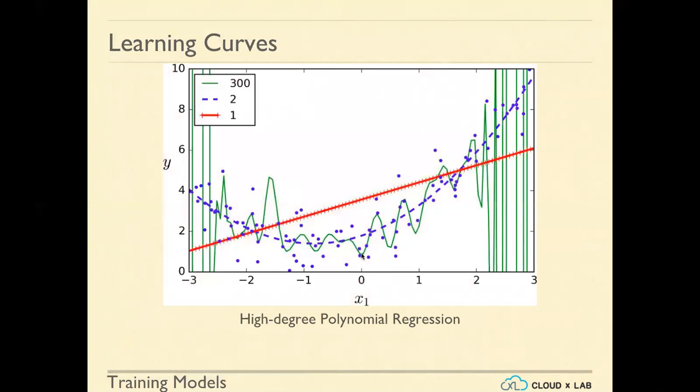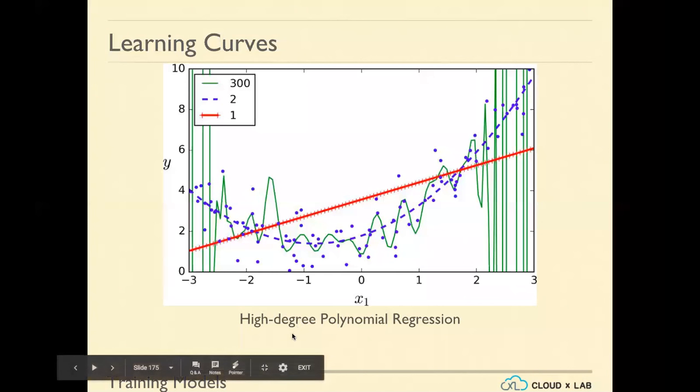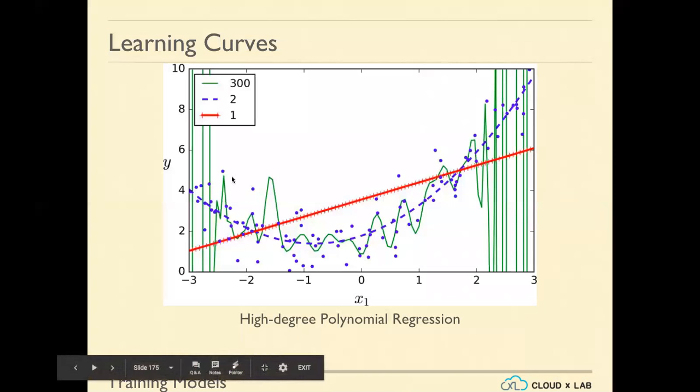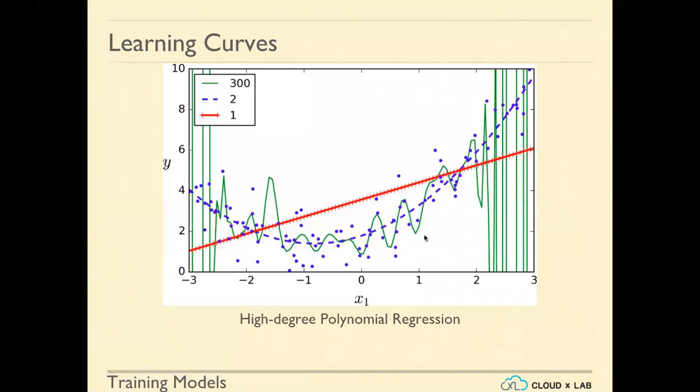You can see clearly that the 300-degree polynomial is trying to fit the noise as well, wherever it could. This is called the overfitting problem. It's trying to overfit the data, even though it's just error, just noise. Still, it's trying to capture that.